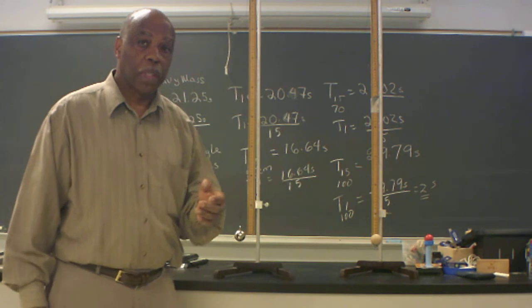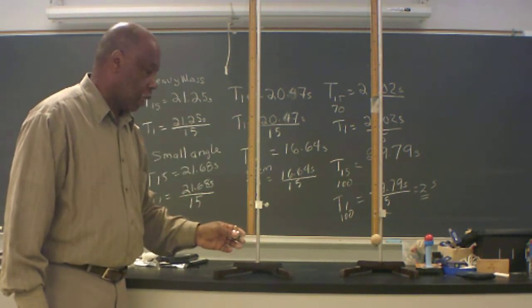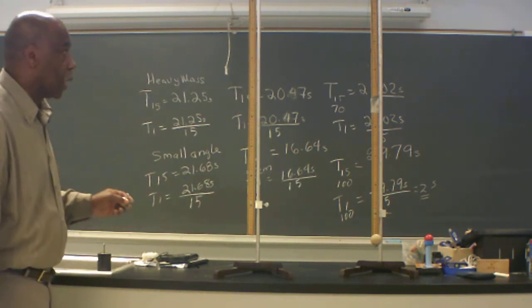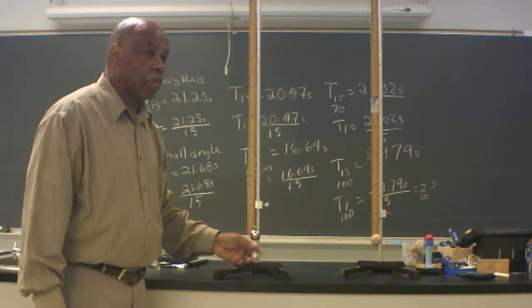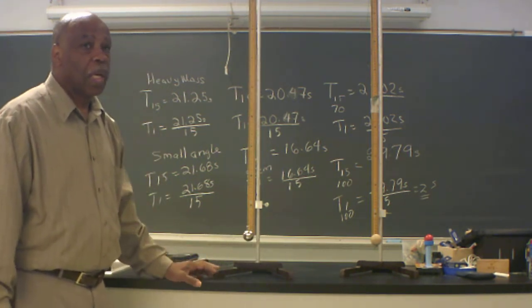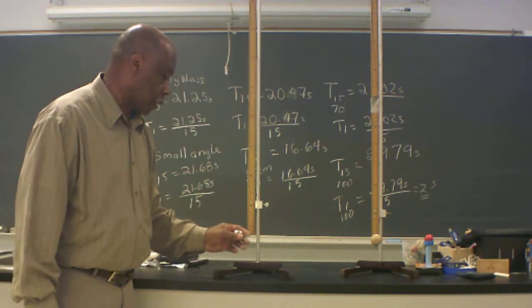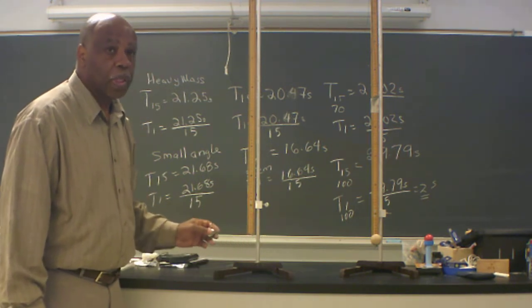And of course, I must add, that is true if you keep the angle of the swing small. If we make that angle very, very large, then another factor comes into play, because a pendulum is really not a simple harmonic oscillator. It mimics a simple harmonic oscillator at only very, very small angles, less than 20 degrees.